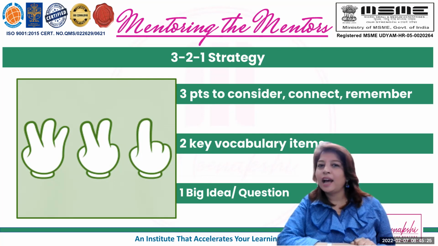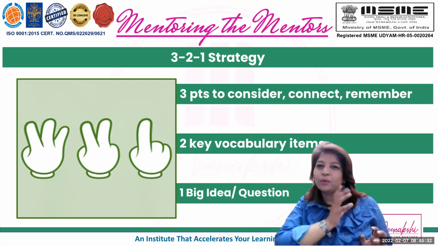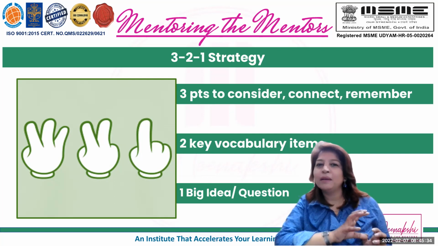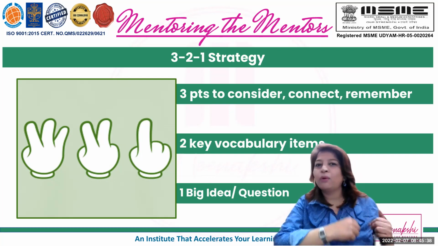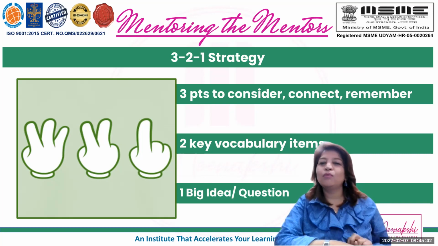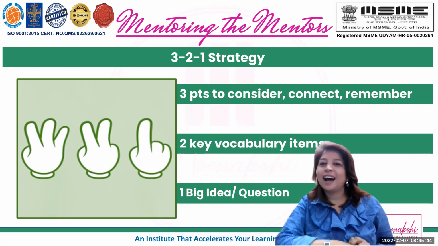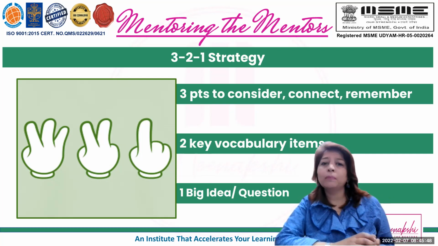For that, they have to share 3 points to connect and remember with, so that they will be able to connect with the story. They should be able to remember those 3 points quickly from that topic or story, then two key vocabulary items that are new to them, and one big idea or the bigger question that they can relate with.